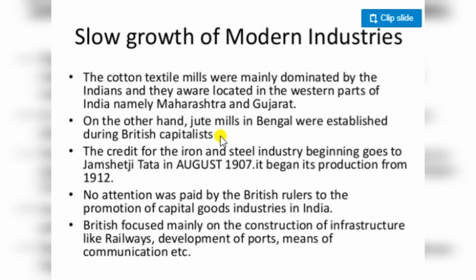The focus of the Britishers was mainly on the construction of infrastructure like railways, development of ports, and means of communication, rather than establishing more industries or working on the agriculture sector.